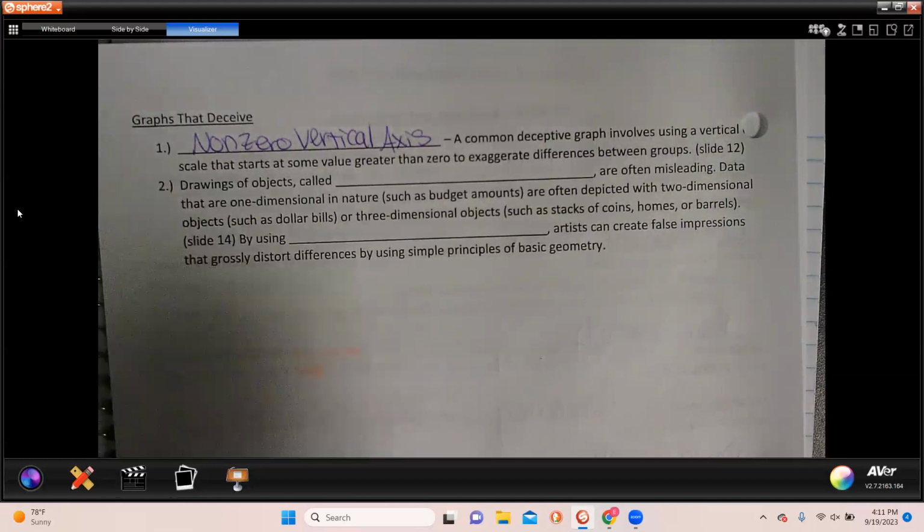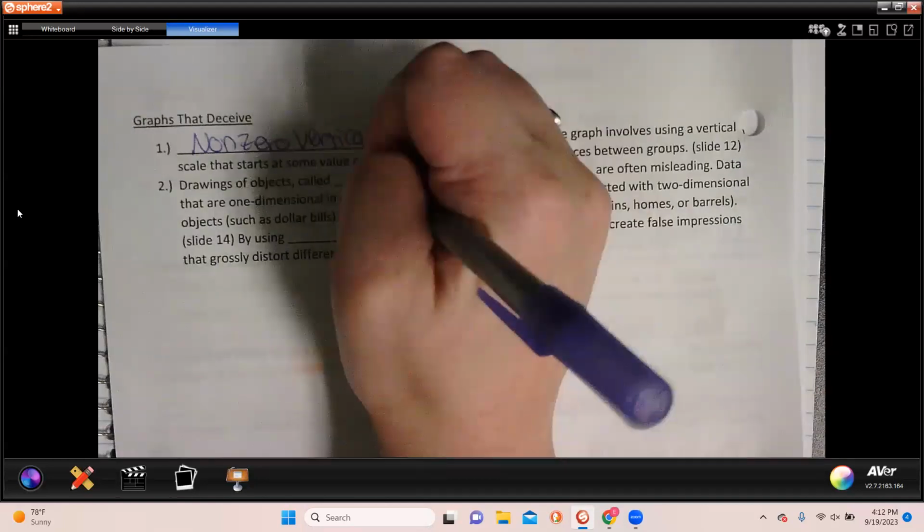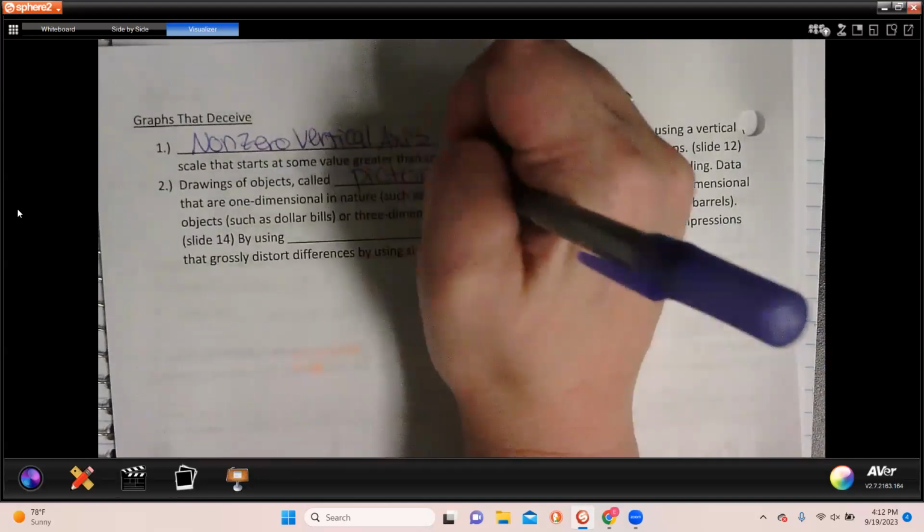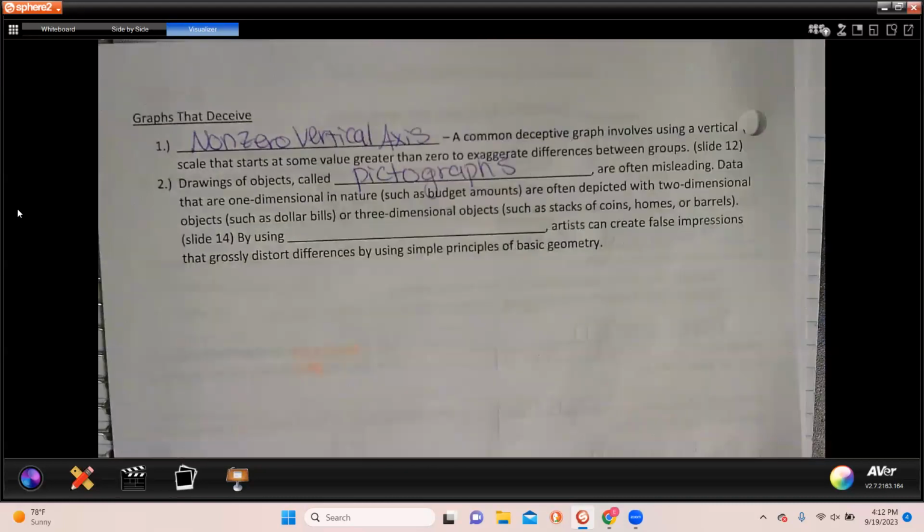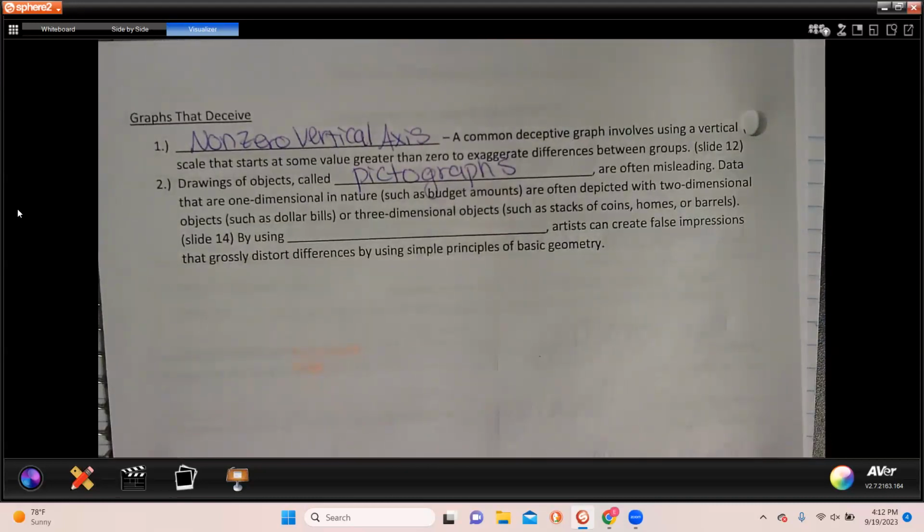Okay, so drawings of objects are called pictographs. And these are often misleading. Data that are one-dimensional in nature, such as budget amounts, are often depicted with two-dimensional objects like dollar bills, or three-dimensional objects like stacks of coins, homes, or barrels.